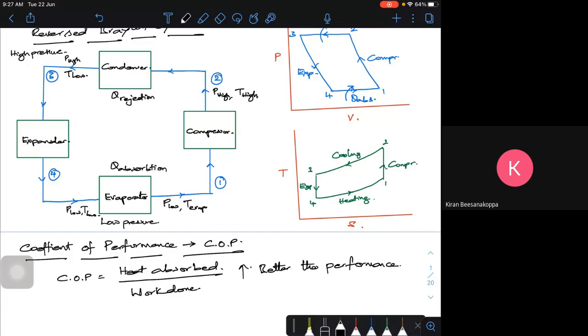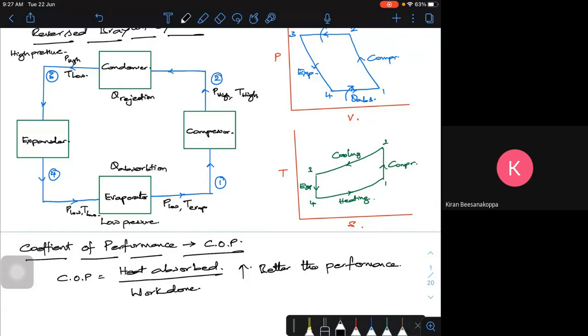Heat is always represented in terms of enthalpy. So the work done by the compressor is H2 minus H1, where H2 is the higher enthalpy and H1 is the lower enthalpy. H2 minus H1 is the work of compression and H3 minus H4 is the work of expansion.